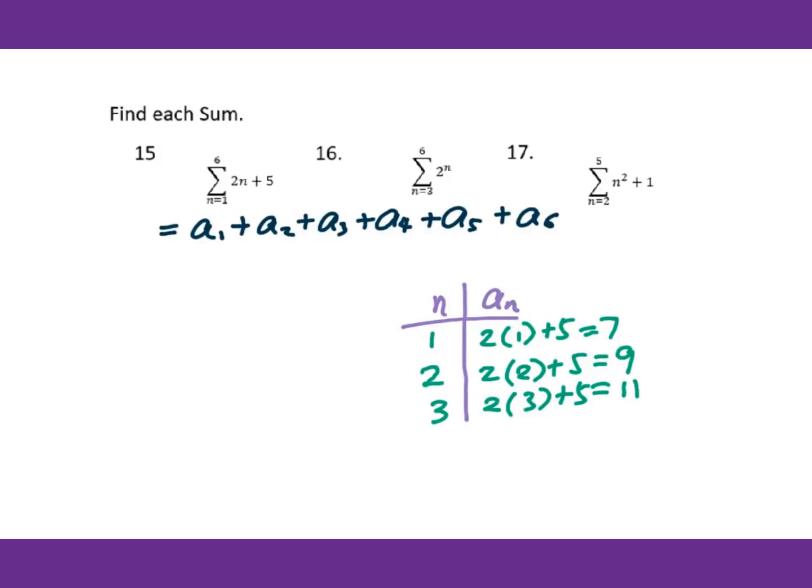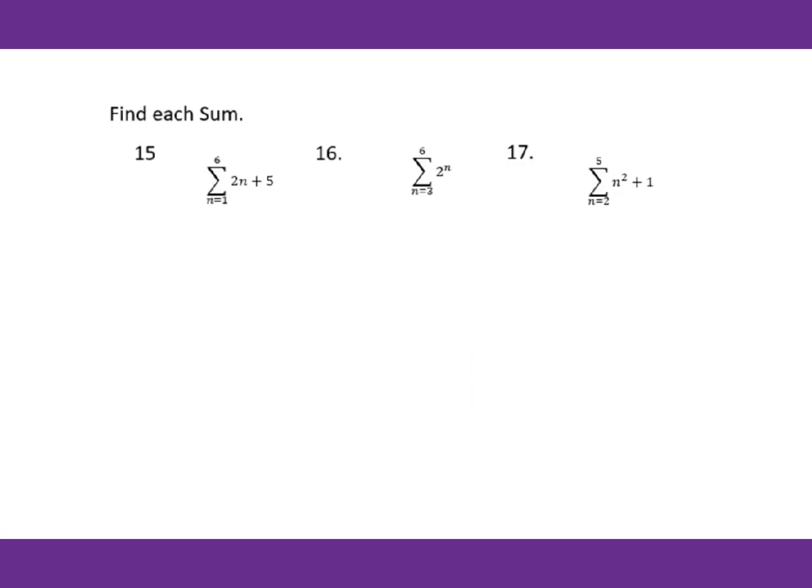Keep going, you will get 13, 15, and 17. Then you add all this together: 7 plus 9 plus 11 plus 13 plus 15 plus 17. You will get 72.